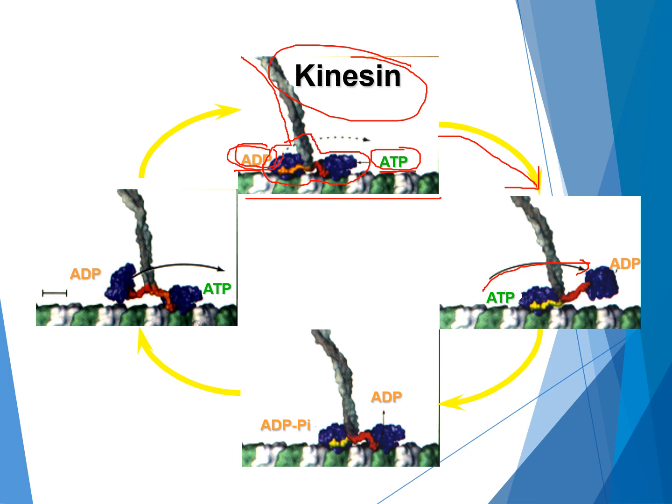And when they have the stage of ADP, then it will start to move the other side, the left leg and the right leg, and then the cycle continues. So the front leg always has the ATP, and for the right leg, it is the conversion from ATP to ADP.